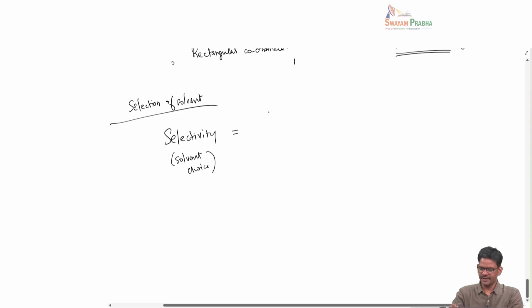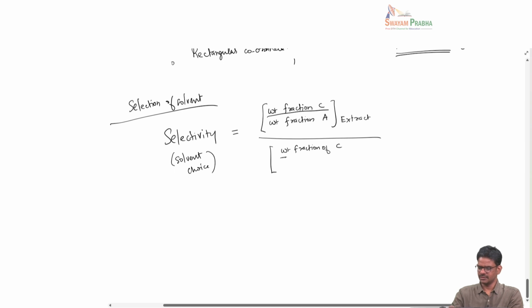This is defined as the weight fraction of C over weight fraction of A in the extract, over the weight fraction of C over weight fraction of A in the raffinate.